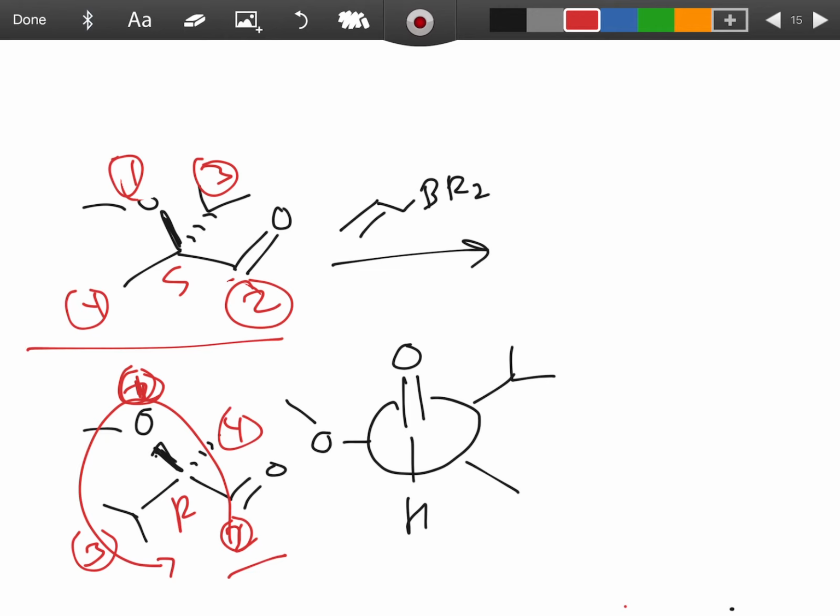So let's check here. 1, 2, 3, right? So that should be S, so again, we can do this a couple different ways. We could try to rotate it. I think the way I'm doing it right now is I'm looking down, saying, if I'm looking down and put that methyl group behind me, I go 1, 2, 3. That's counterclockwise.